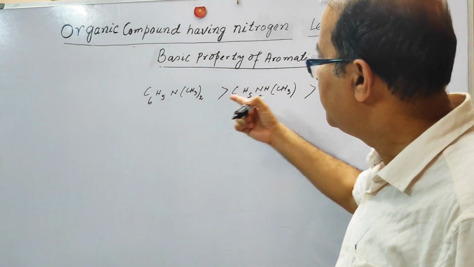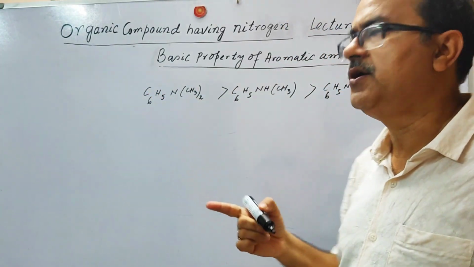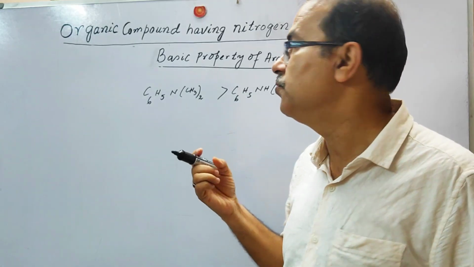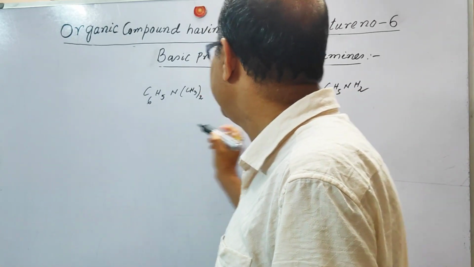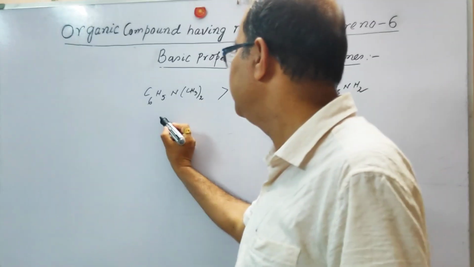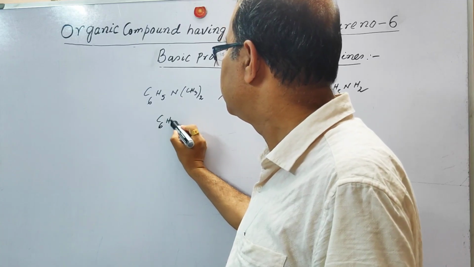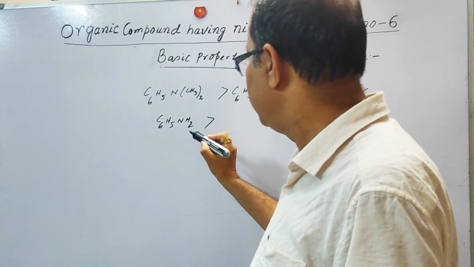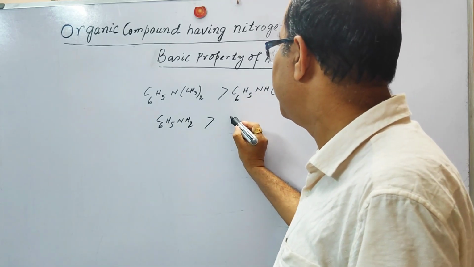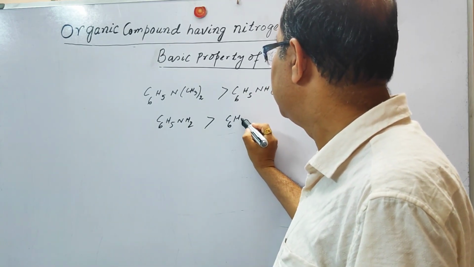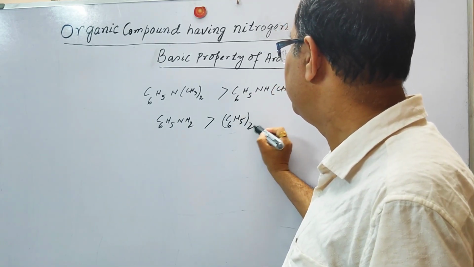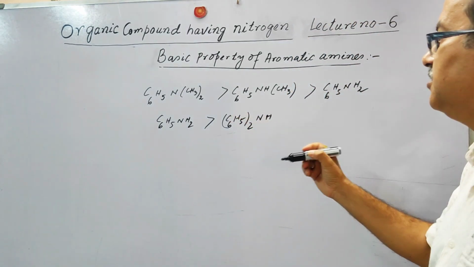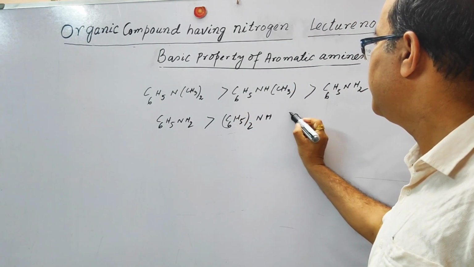And now if we replace the hydrogen atom with this phenyl group, which is electron withdrawing group, at that time what is going to happen? It will be just reverse. You can see C6H5NH2, the highest basic strength, followed by (C6H5)2NH, that will replace one hydrogen atom by C6H5, that is phenyl group.